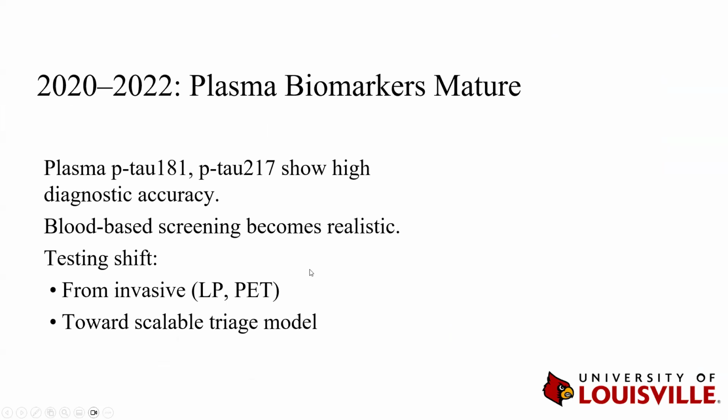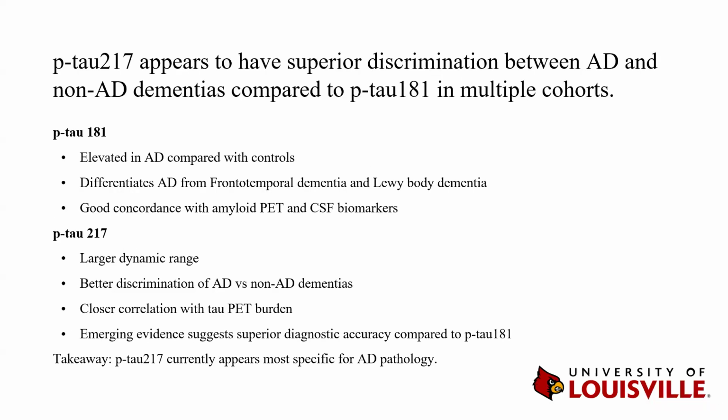It's moving away from invasive lumbar punctures that patients might be apprehensive to have done, as well as offering a scalable triage model. So you can do this much more easily rather than having to perform lumbar punctures on all your patients.